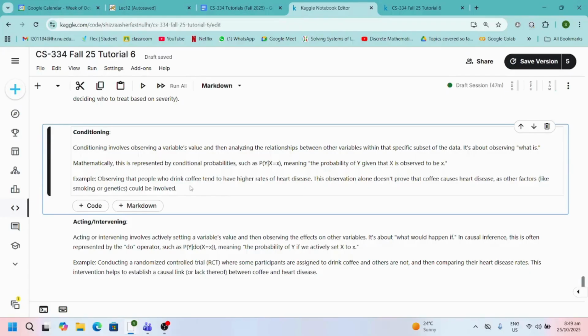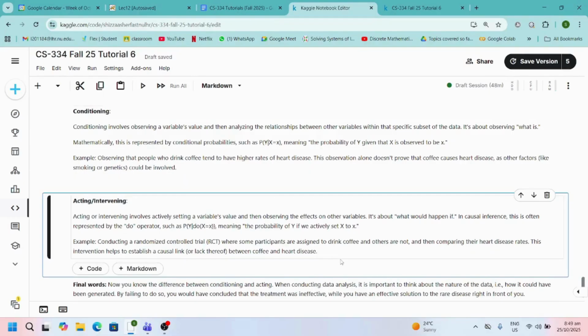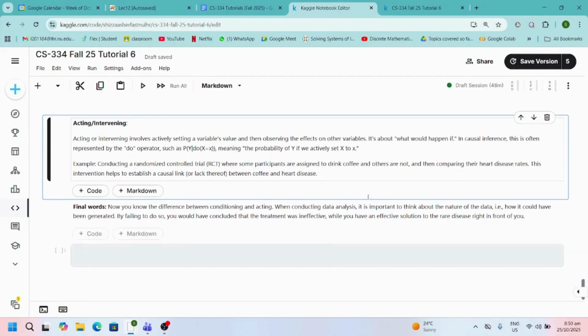So this is just what happens to occur in your data. It just tells you what's already in your data. In acting or intervening, you can establish causal links because it is like an RCT. Some people are assigned to drink coffee, some people are assigned to not drink coffee. And then if you compare their heart disease rates, you can establish a causal link.